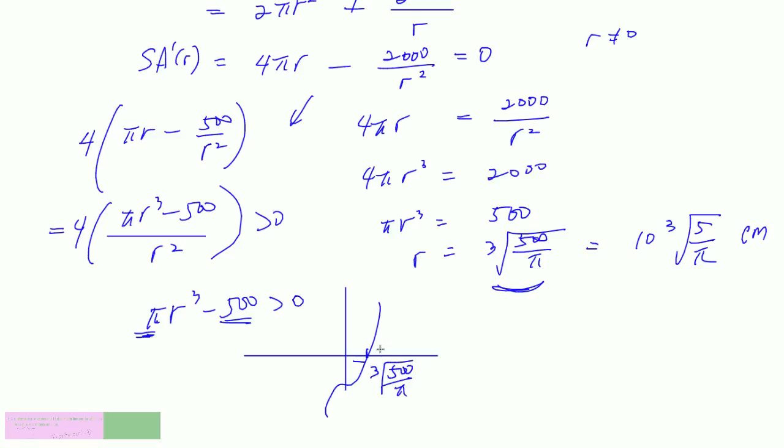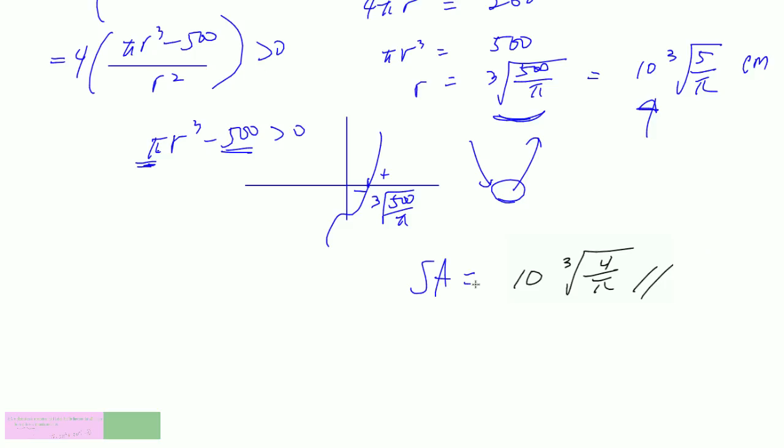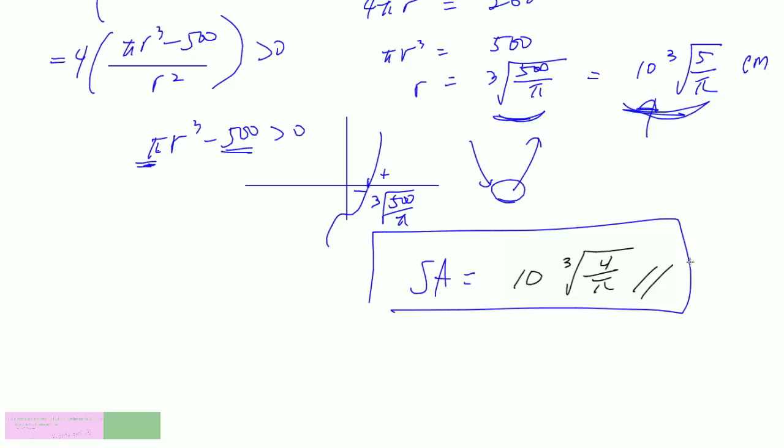It's going from negative to positive. We know this because it's a cubic function. If the graph goes from negative to positive, isn't it a local minimum? So that will be the local minimum, and that will generate the minimum surface area. Okay, so when you plug this into the surface area formula, this is what you get. Of course, it's in centimeters squared.